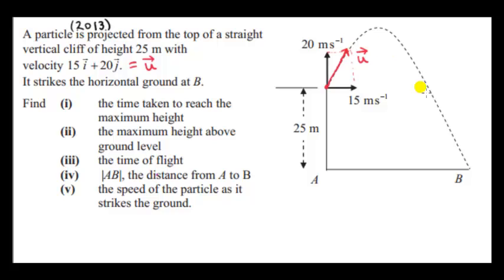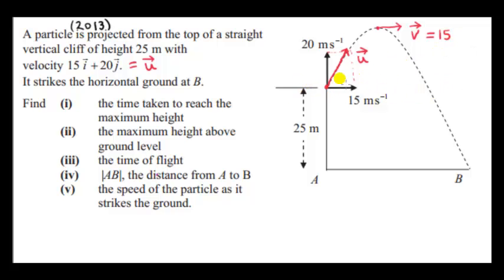Okay, it strikes horizontal ground at B, and first we want the time taken to reach the maximum height. Well, we've seen that a few times. When the particle reaches its maximum height, the velocity vector is horizontal, so the j component is 0. So the velocity vector is actually just the horizontal component, which never changes because there's no air resistance.